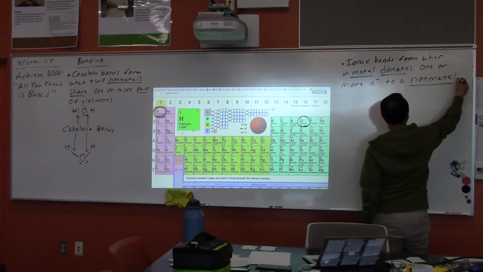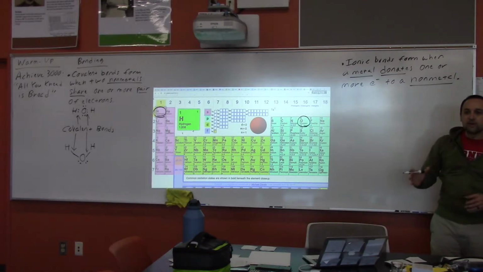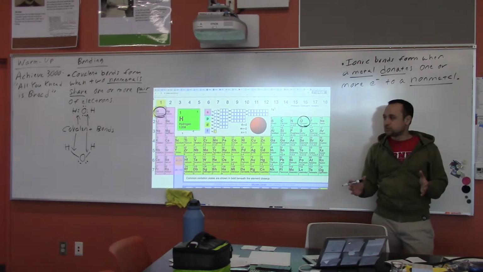And that's essential too. Okay? So the metal is donating one or more electrons to a nonmetal.